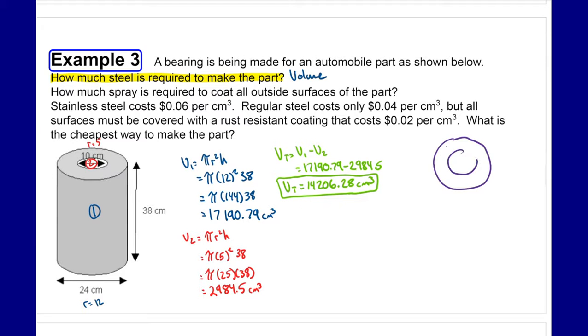So we know we have a large circle, and then we're missing an inner circle. The entire dimension or diameter is 24. So I need to find the area of a circle with a specific diameter, essentially.